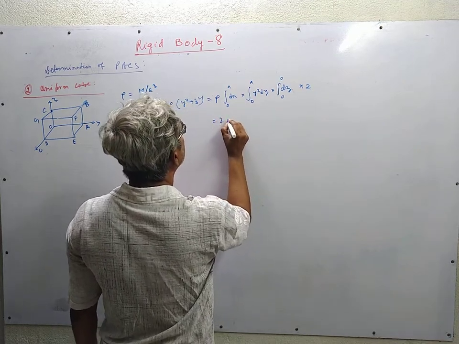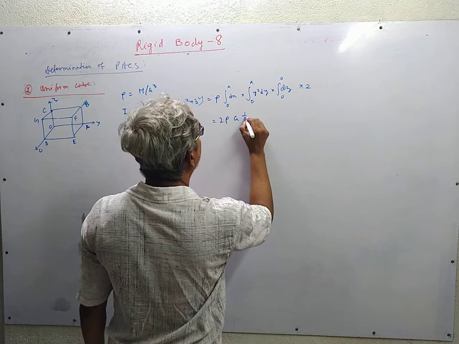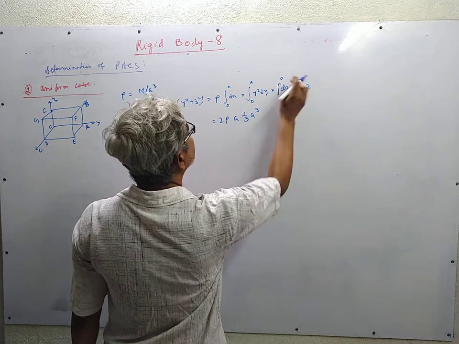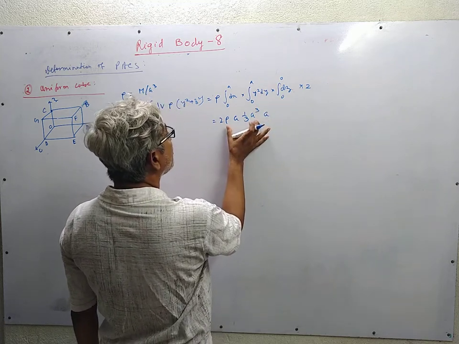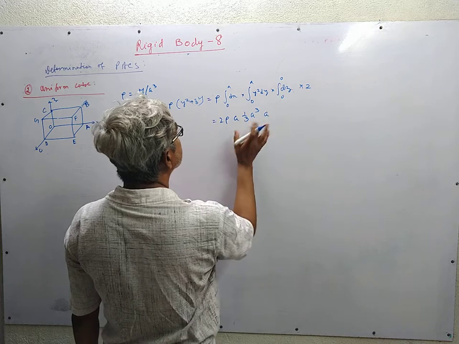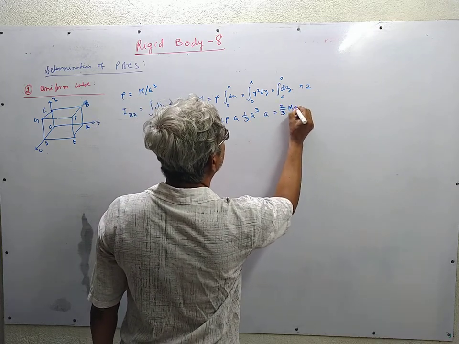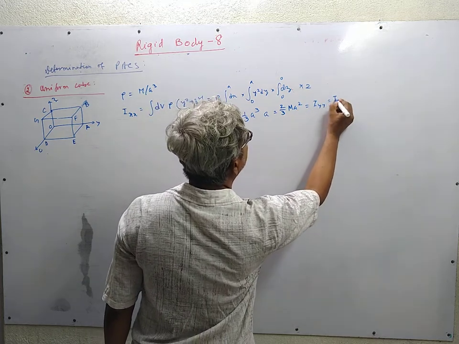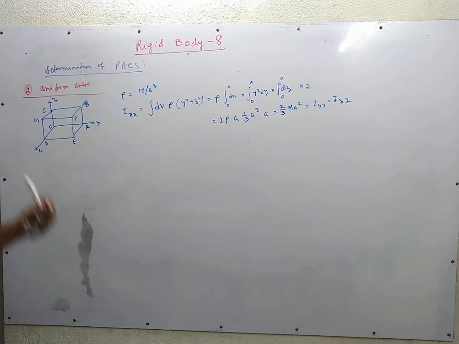So this is 2 rho a times 1/3 a cube times a. So rho a cube is m, and this is 2/3 m a square. This is also the value of Iyy and Izz due to symmetry. So I get the values.